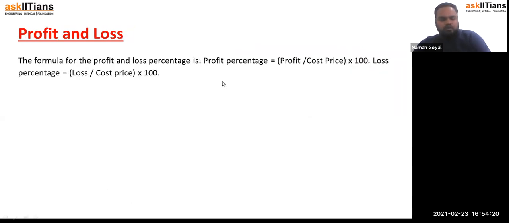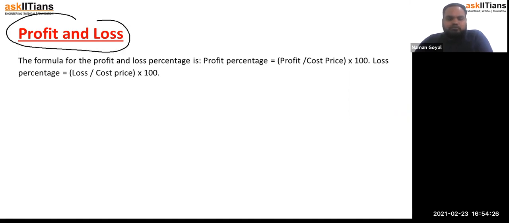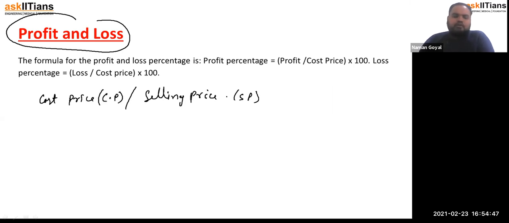Unitary method. Okay, now the next topic is very important: profit and loss. See, there are basically two things. First is cost price, second is selling price. In short form, these are known as CP and SP.